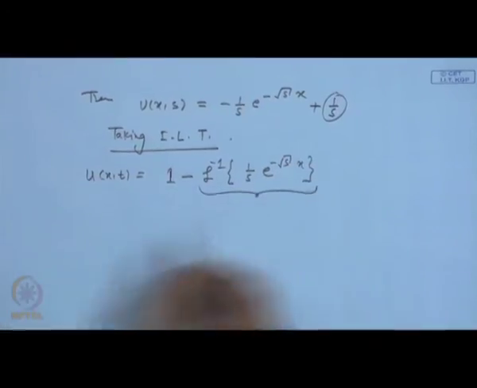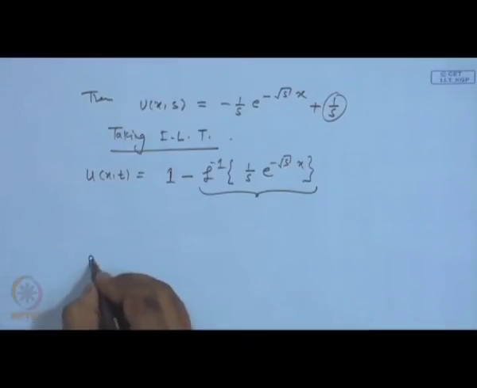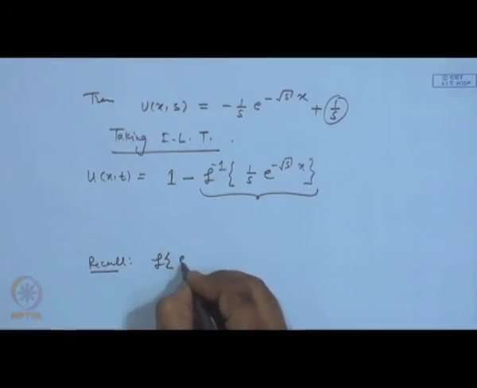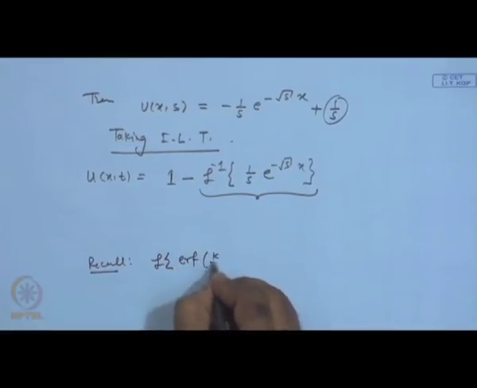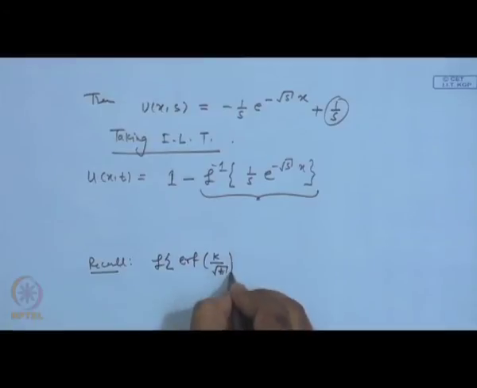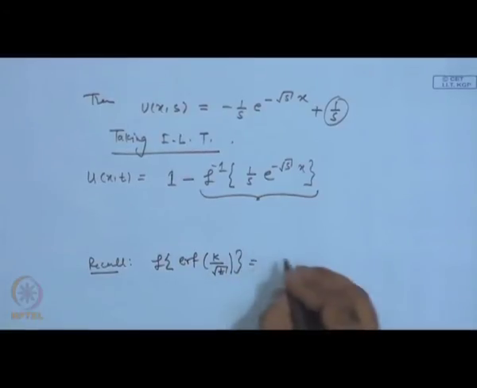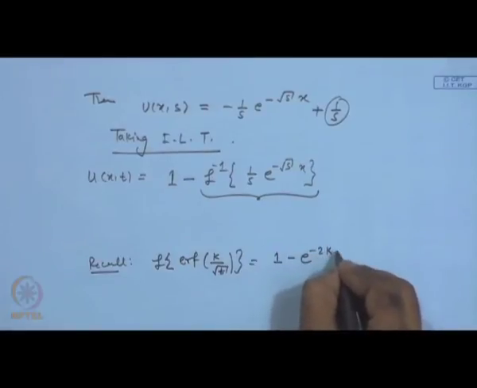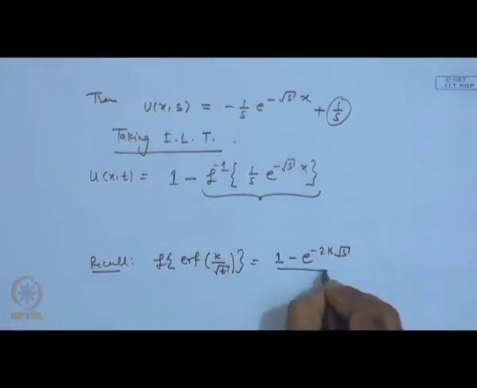And now this one, if you remember, we recall that the Laplace transform of the error function of k over square root t was (1 minus e to the minus 2k square root s) over s.